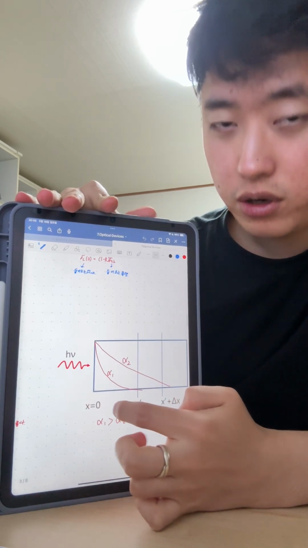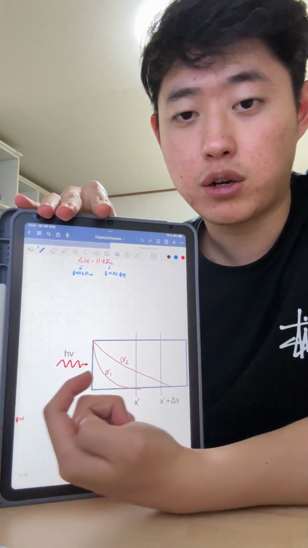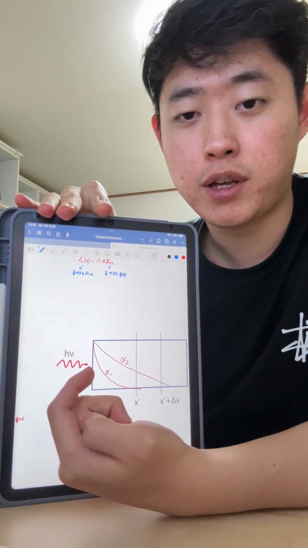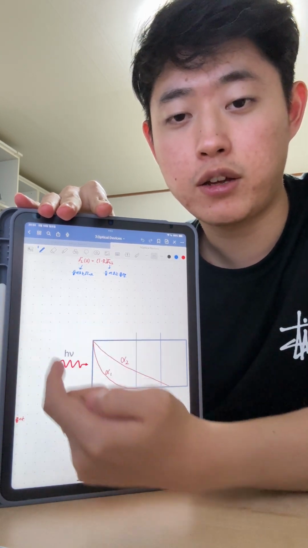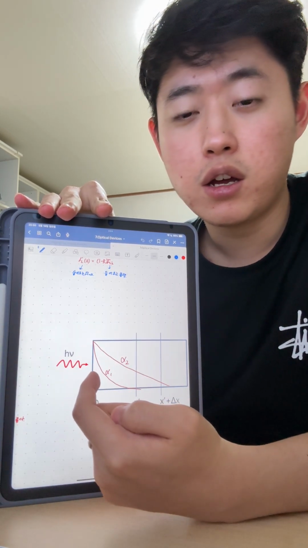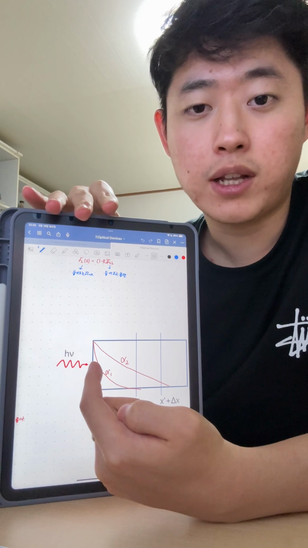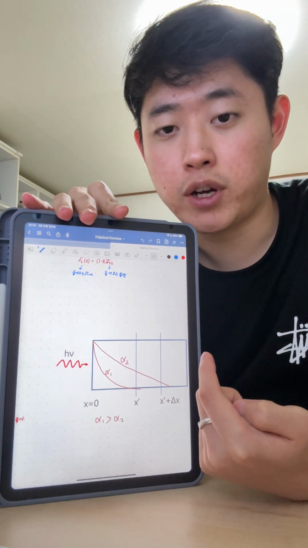So light goes in, some is reflected, and the remaining light goes through the device.